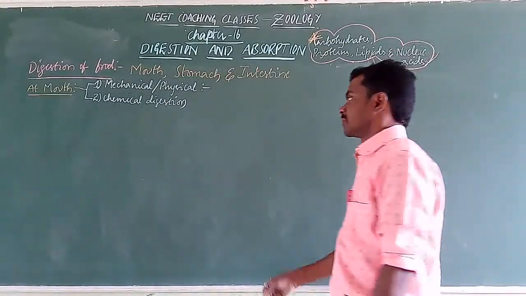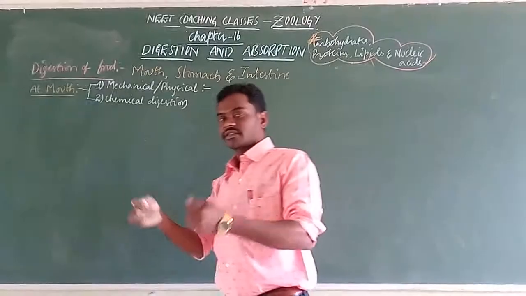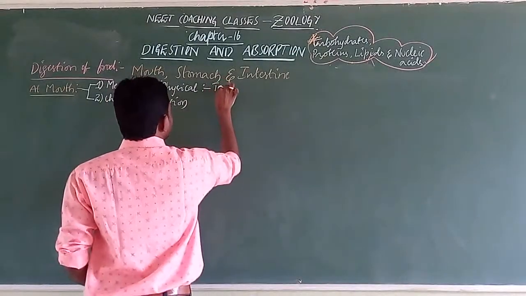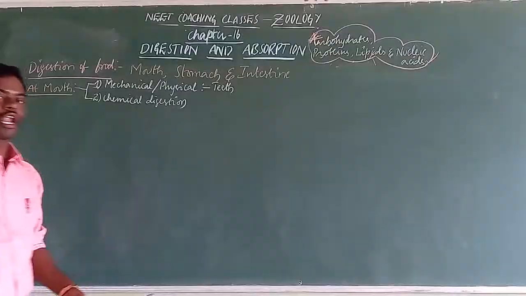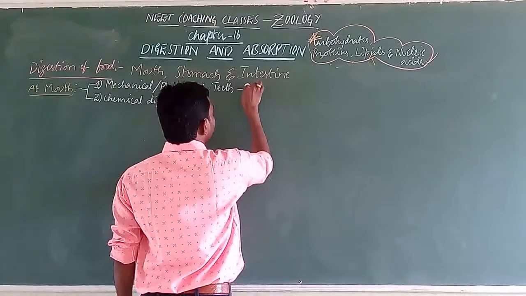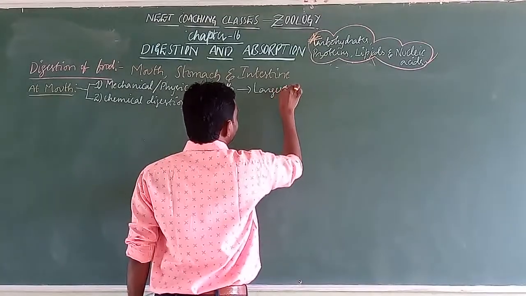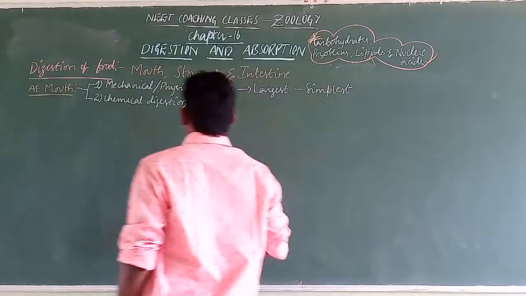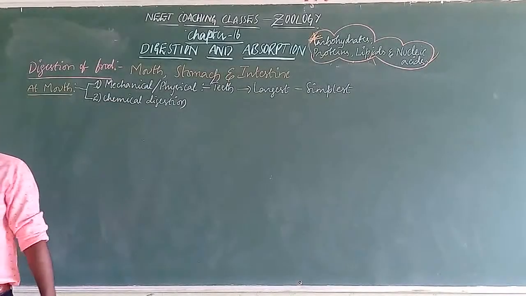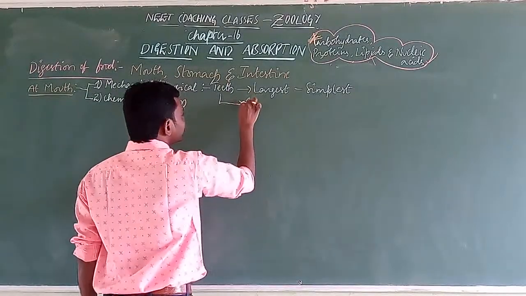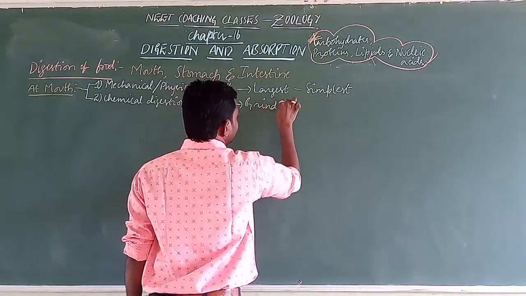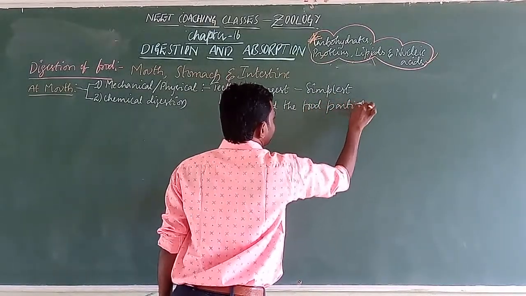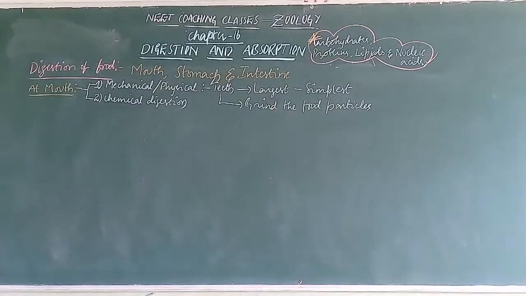So let us take chapati. It is a large complex molecule. With the help of teeth, the largest food components are broken down into simpler ones. The teeth are helpful to grind the food particles within the mouth itself.